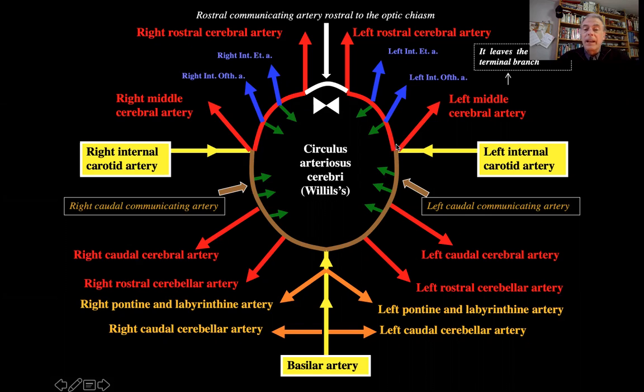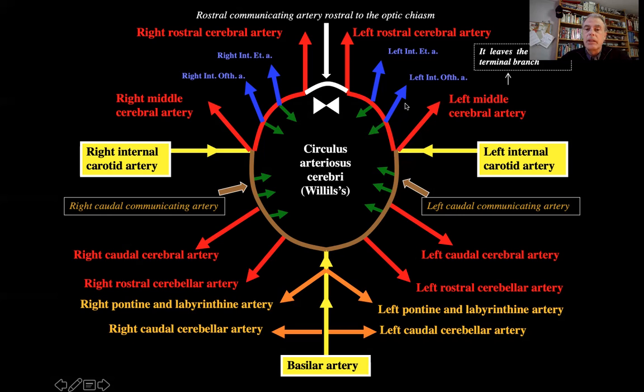Branching from the last portion of the internal carotid artery, on the left and the right as well, is the rostral cerebral artery, and the middle cerebral artery branches off here. Then the continuation is the rostral cerebral artery.